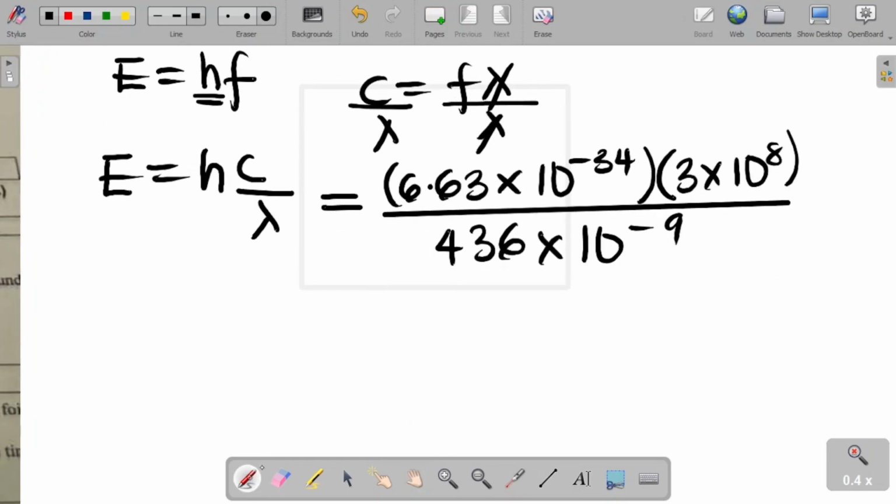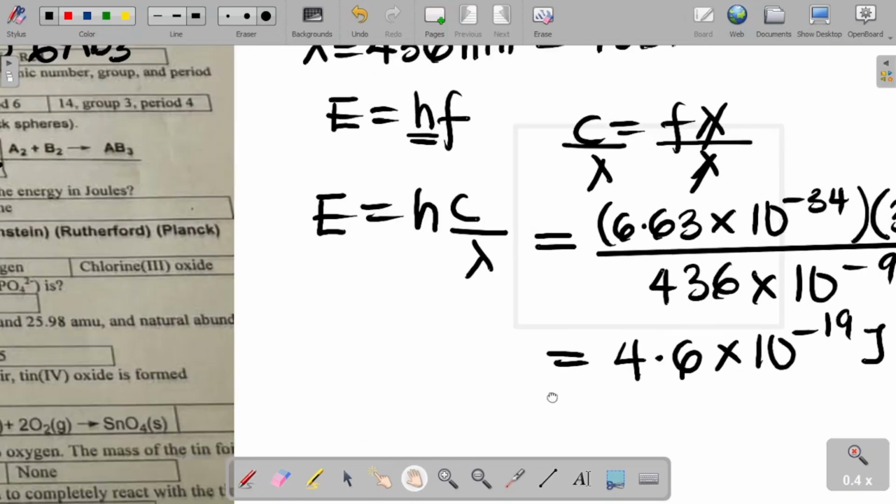So you get your calculator and punch this correctly. If you punch this correctly, your answer gives you about 4.6 times 10 to the power minus 19 joules.